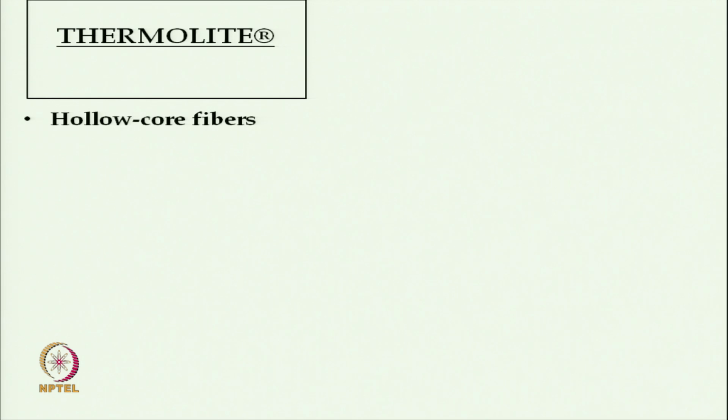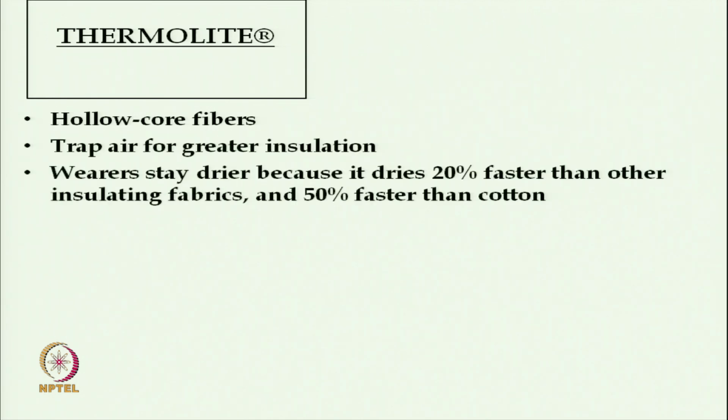Thermolite is another hollow core fiber. It traps air in the core, giving insulation. The sports person remains dry because it dries 20% faster than other insulating fibers. That is the manufacturer's claim.